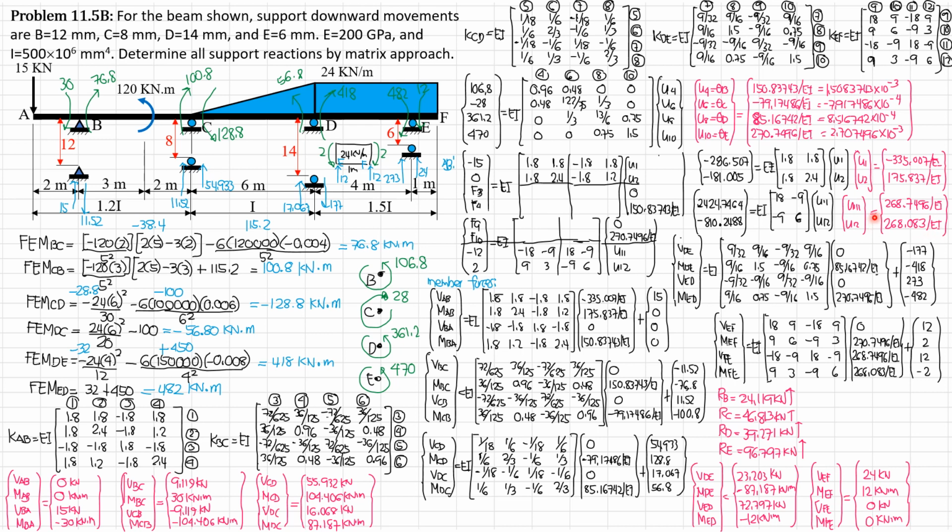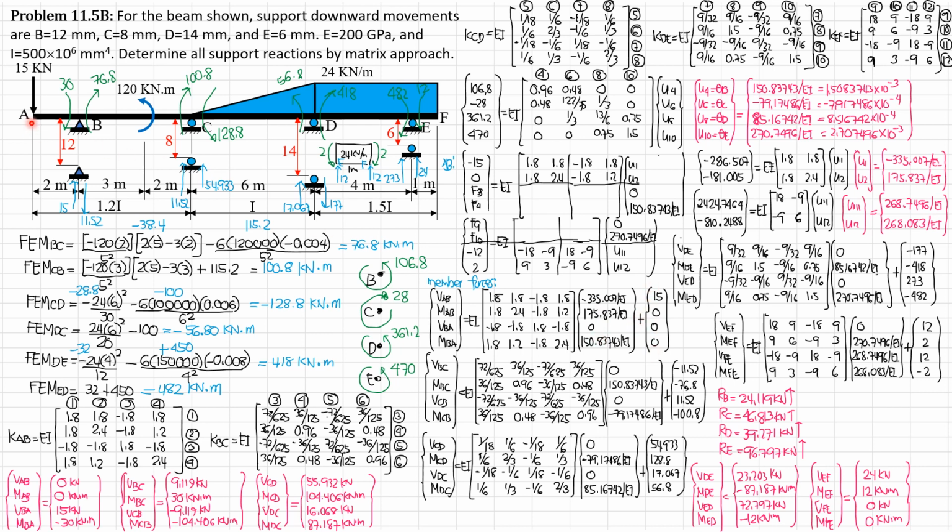So after that, we have the member forces: shear AB, moment AB, shear BA, moment BA equals EI times the stiffness of AB, times the corresponding displacements U1, U2, U3, U4. We have U1, U2 already computed there. Then plus the fixed end forces.